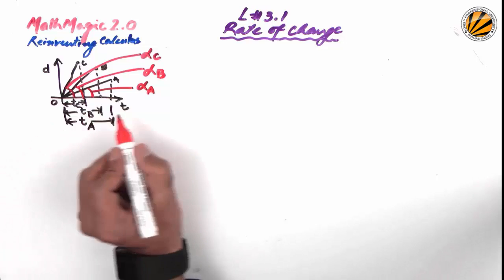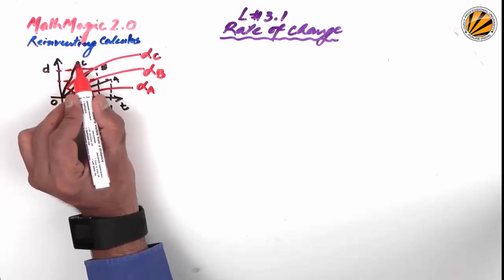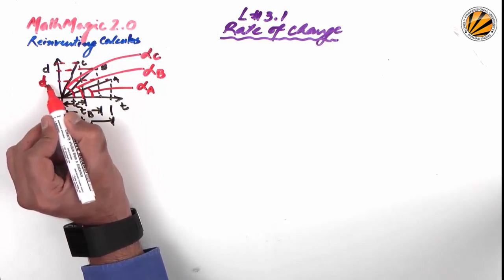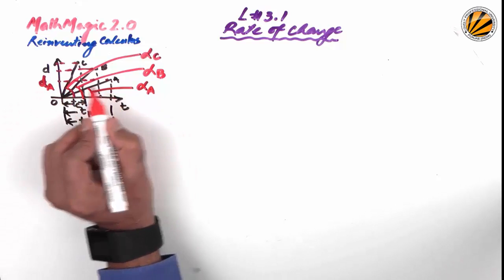Look at this. If I divide the distances travelled, TA, or this becomes DA, the distance travelled by OA.